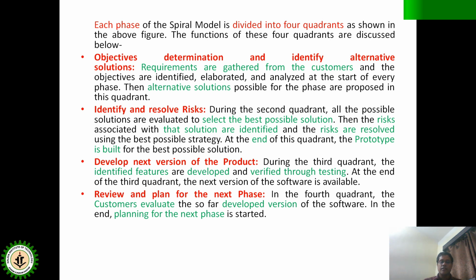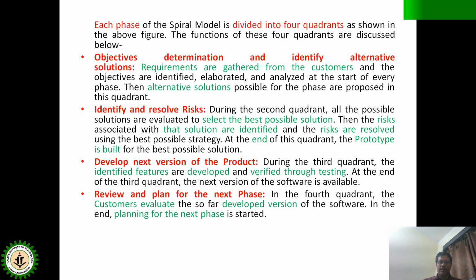Then the risks associated with that solution are identified and resolved. At the end of this quadrant, the prototype is built for the best possible solution. Prototype means we make a toy-like implementation of the software being developed, at the end of the second quadrant.